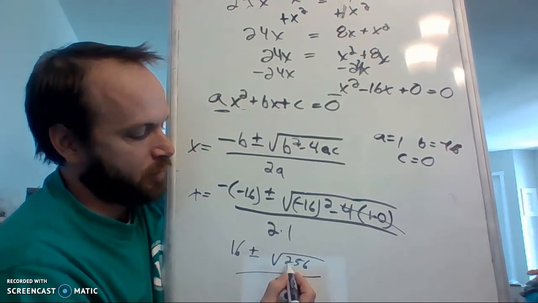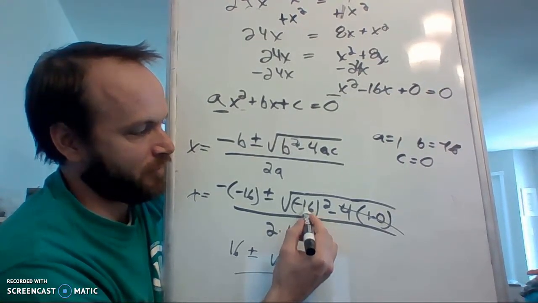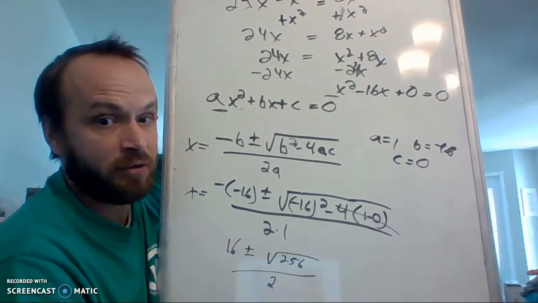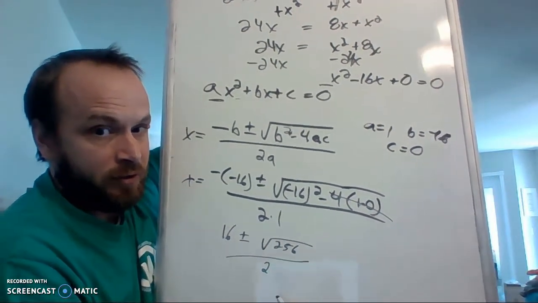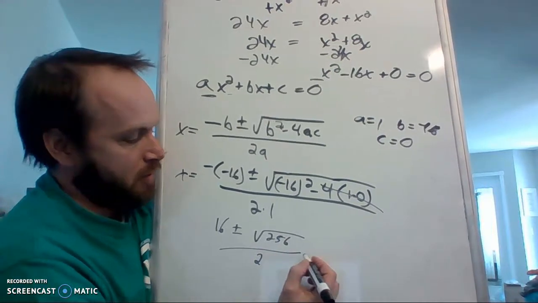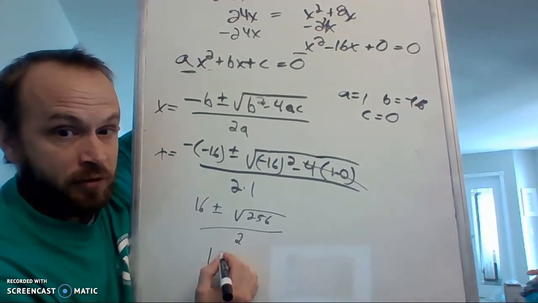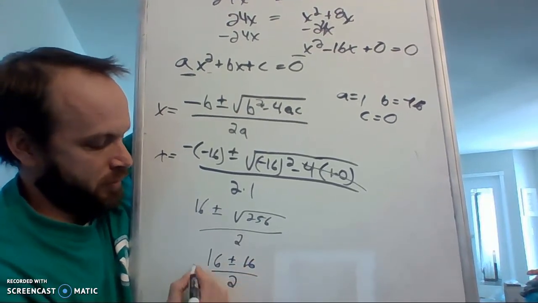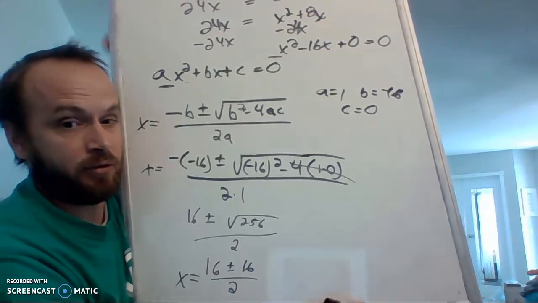Now the square root of 256, well, we took 16 times 16, or negative 16 times negative 16 to get 256, so thinking about that backwards, the square root of 256 is going to be 16. So then we're going to end up with 16 plus or minus 16 all over 2 as our solutions for x.